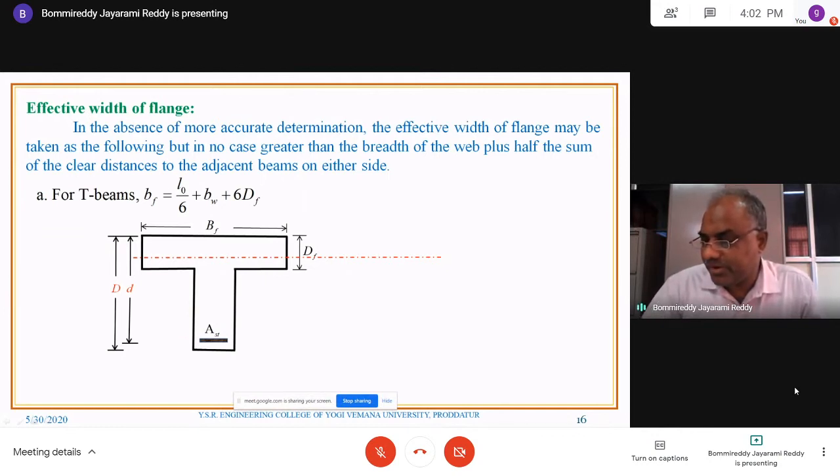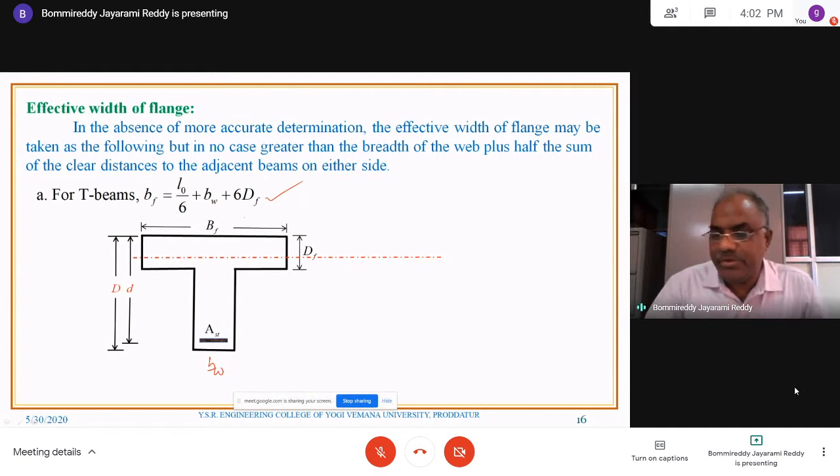Effective width is restricted to L0 by 6 plus BW plus 6DF. L0 is the distance between the points of contraflexion. In case of simply supported, L0 is nothing but the effective span, BW is the width of the web, and DF is the depth of the flange.